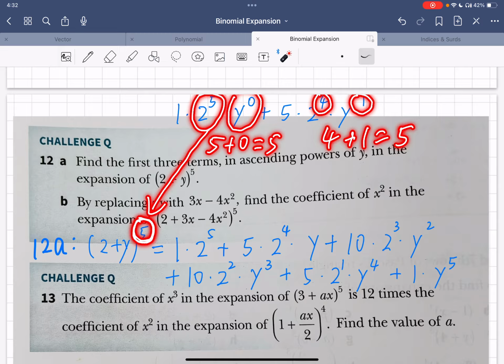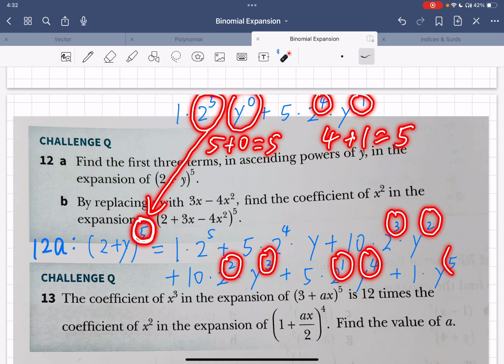And still, for the third term, it's 3 plus 2 equals 5, 2 plus 3, 1 plus 4, 0 plus 5, all equal to the power 5 for this expansion. It's a quicker way to check whether you got each term's power right.